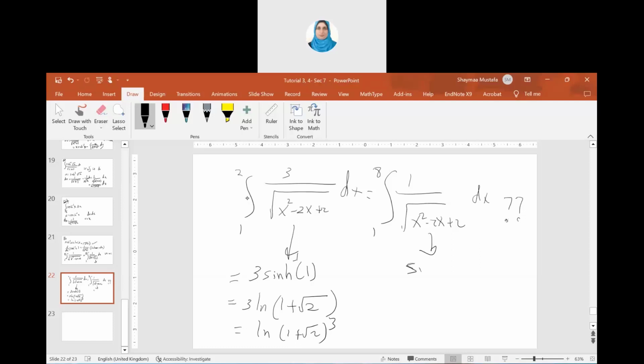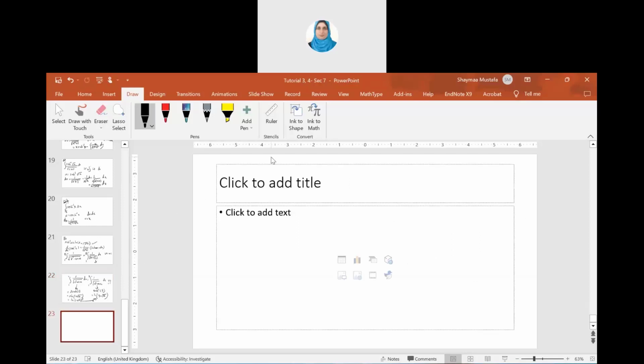This one is sinh inverse 1. Sinh inverse 1 is equal to the natural logarithm of 1 plus the square root of 2. If you calculate this one, you will find it's equal to this one. So the value for this integral is equal to the value for this one. That's all. This is for question 31.